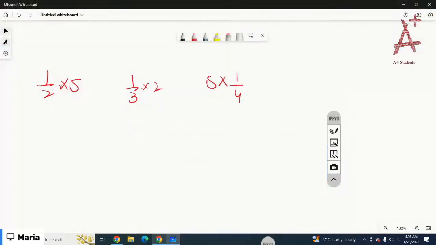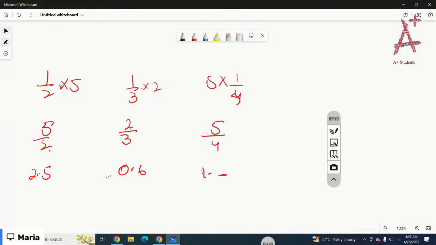Okay, let's see. 5 times 1 is 5, 5 over 2 is 2.5. Got it? 2 times 1 over 3, that is 2 by 3, it is 0.6 something. Got it? Then 5 times 1 is 5 and 5 over 4 is 1 point something. Got it?